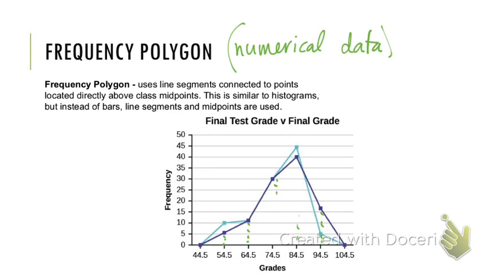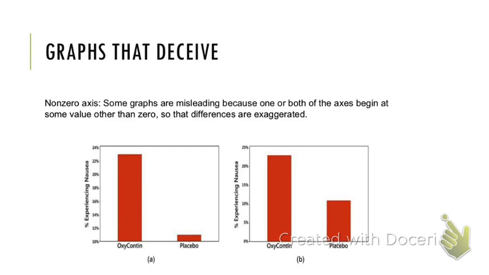Okay, last thing, and then lunch. So graphs that deceive. Two things you have to look out for: first, not starting at 0, a non-zero axis. A graph needs to start at 0.